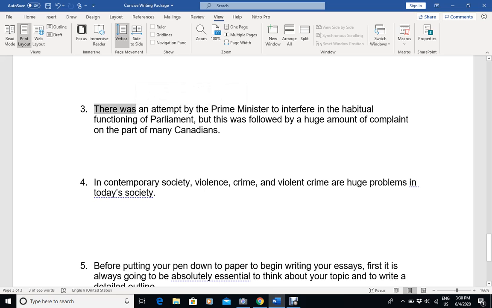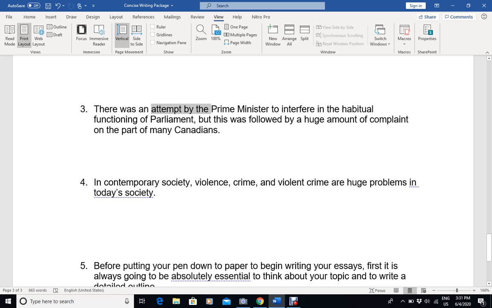When we have a weird construction like this, what we really want to think about is what is the action that's happening, and we should make that an action verb. And who or what is doing the action? We should make that the subject of the verb. So the action is an attempt, or an interference, and the person is the Prime Minister.